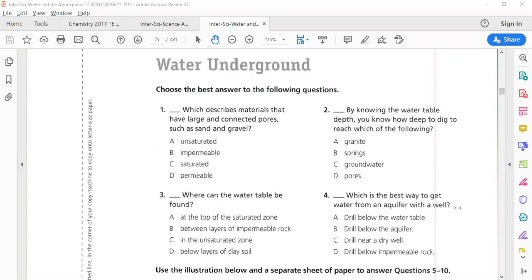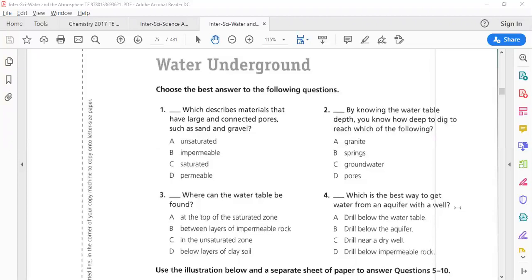And today our revision will be about the questions to consolidate over the water underground. We talked about the water underground and we said we have water that gets underground and seeps and is absorbed by the soil in the unsaturated zone, which is permeable.